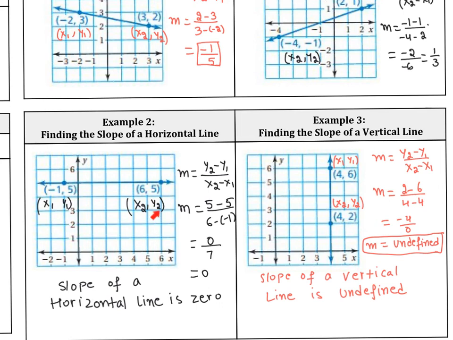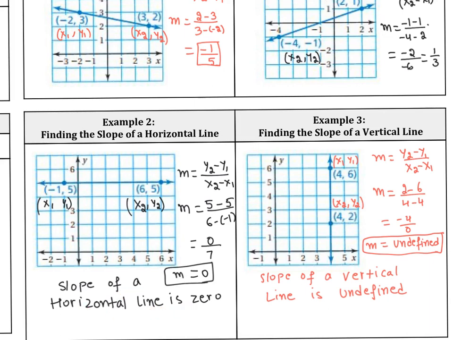So the formula is y2 minus y1, so 5 minus 5 on the top, and 6 minus -1 on the bottom. The top, 5 minus 5, is 0, divided by 7. If the 0 is on the top, then you're going to get 0 as your answer. And the slope of a horizontal line came out to equal 0. So slope of a horizontal line is 0.